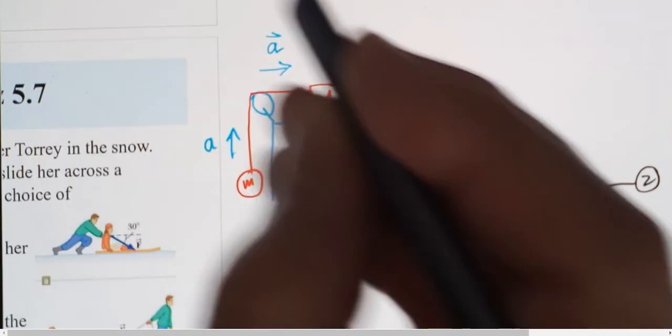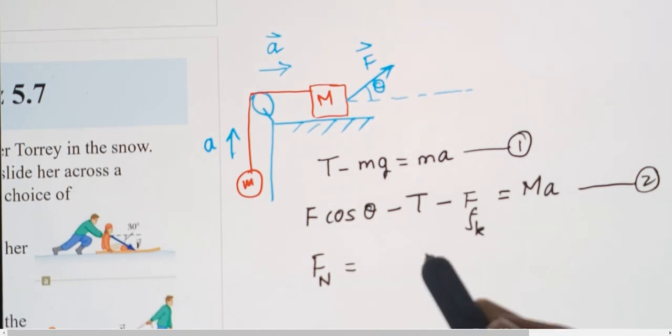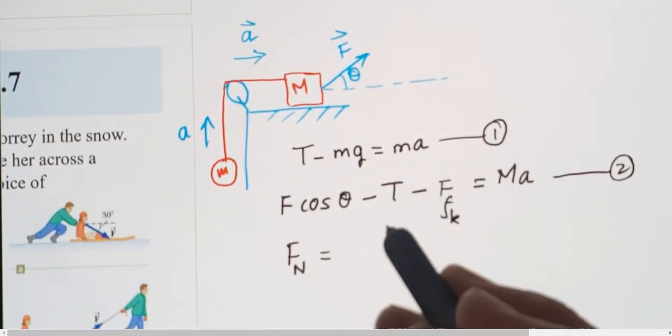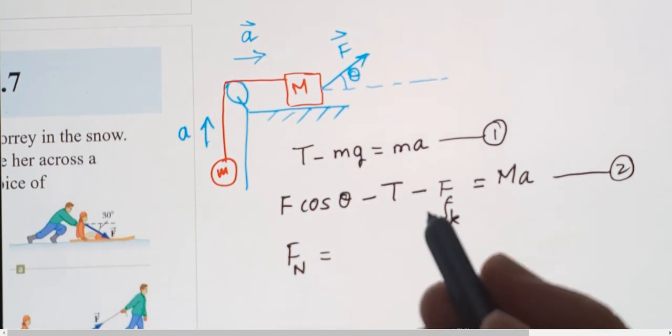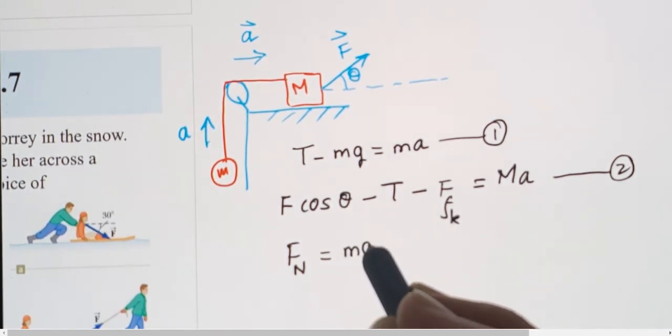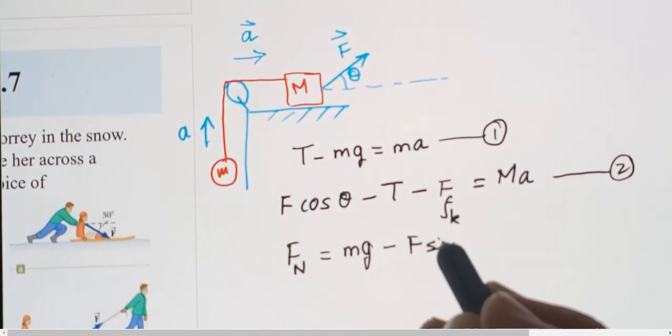Let's write the third equation. Third equation is the normal force. We just did it here, remember? The normal force in this situation is equal to mg minus F sine theta.